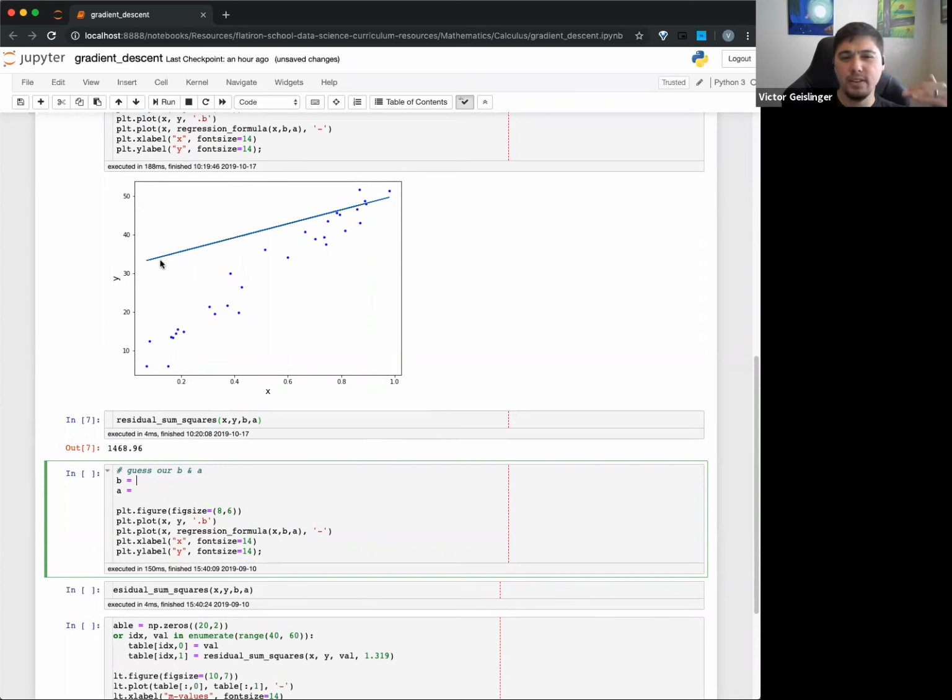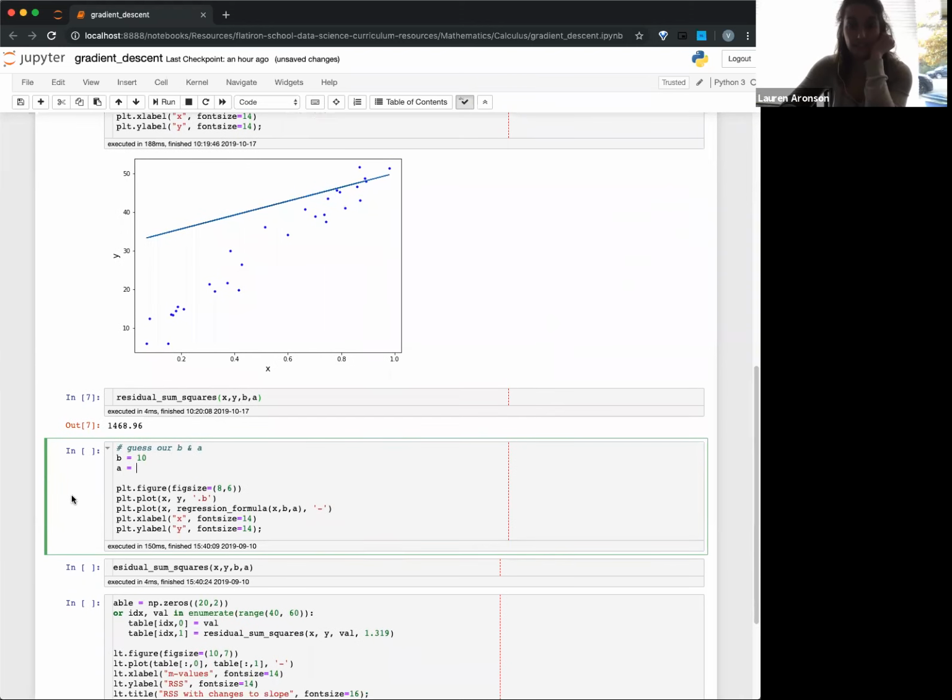Your B was 32, and we want that intercept down lower, so we'll put something like 10, which looks reasonable. And then, was our slope too big or too small? Was it not steep enough? Yeah, it's not steep enough, so we probably need it bigger. Maybe 30. All right, 30. Let's run that.